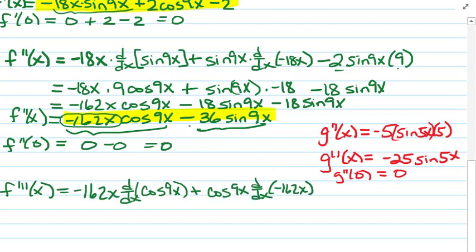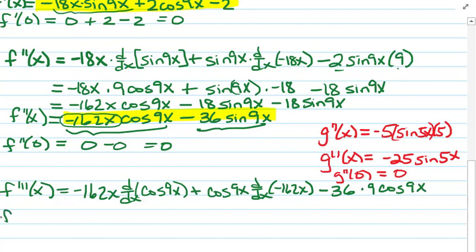Okay, but then we still have to take the derivative of the second term, negative 36 sine 9x. So that's just going to be negative 36 times the derivative of the sine, which is a positive cosine, but it's a chain rule because there's a 9x in the argument, so that's going to be times 9 cosine 9x.